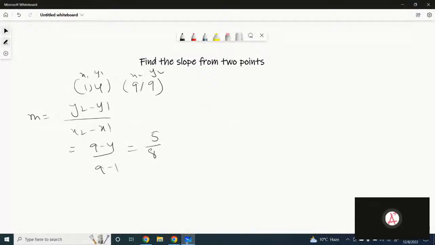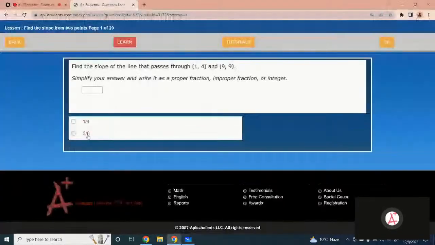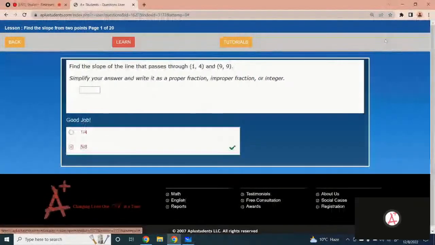That means the slope for the points is 5 over 8. Got it? So the correct option is 5 over 8. Just select the correct option, then click on the OK button.